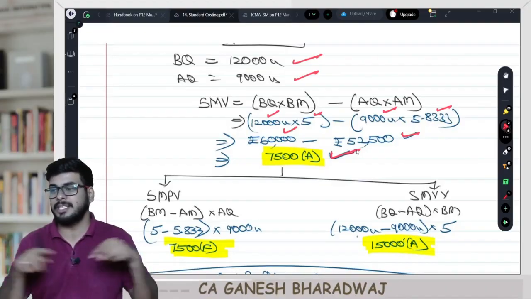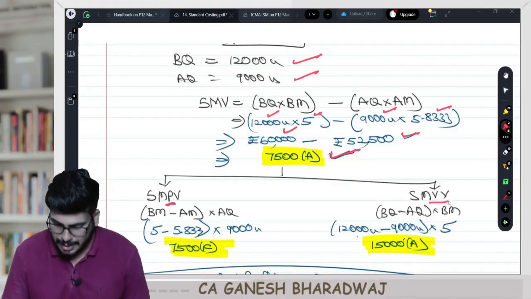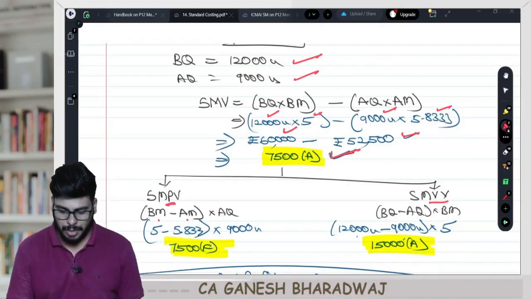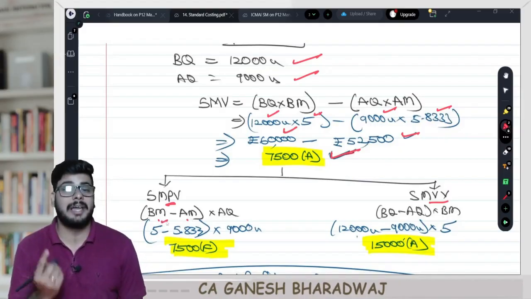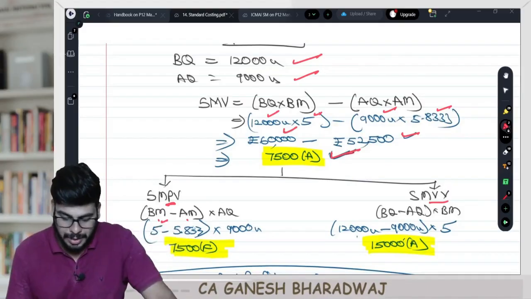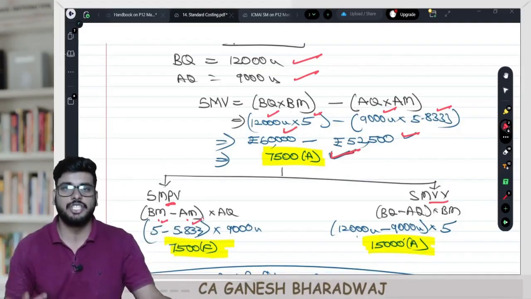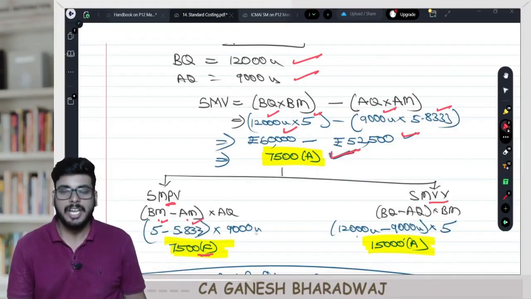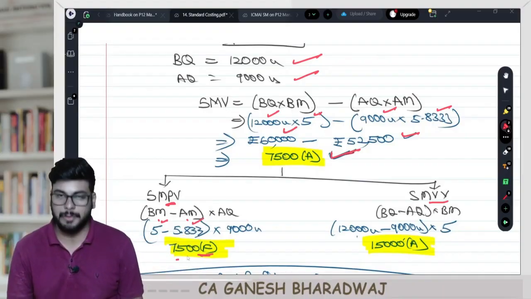Now this can be classified into two: sales margin price variance and sales margin volume variance. Price variance is budgeted margin minus actual margin into actual quantity. Every time I sell a unit, I plan to earn 5 rupees, but I actually earn 5.833. So every time I sold a unit, I got 0.833 more. It's clearly a favorable variance into 9,000 units. It's going to be 7,500.